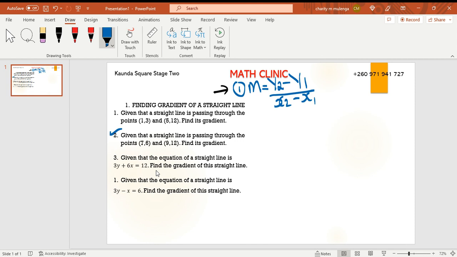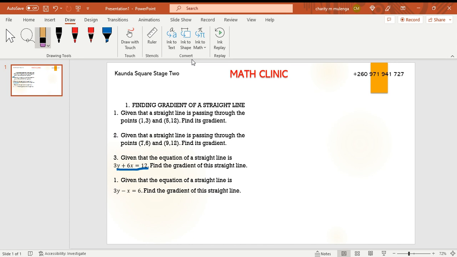Now, supposing you're given a straight line, given that the equation of a straight line is 3y + 6x = 12. In this situation, we cannot use the gradient formula to find our gradient here.